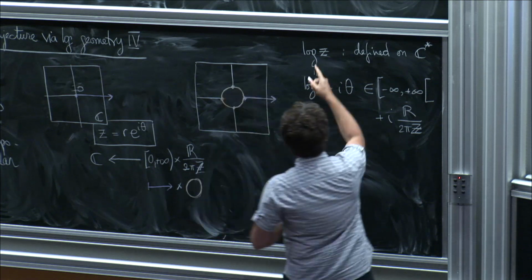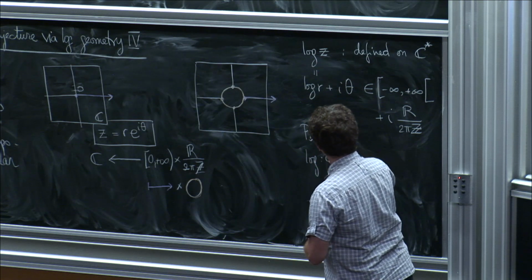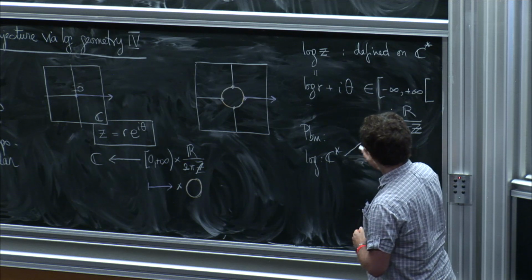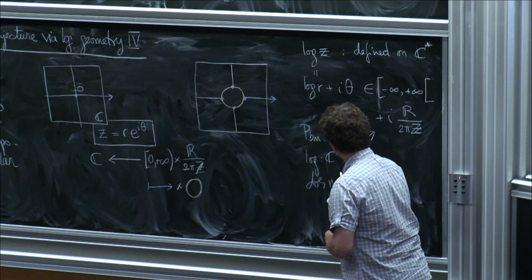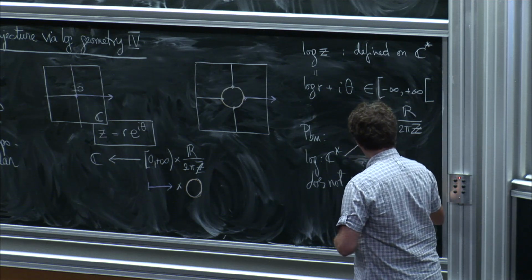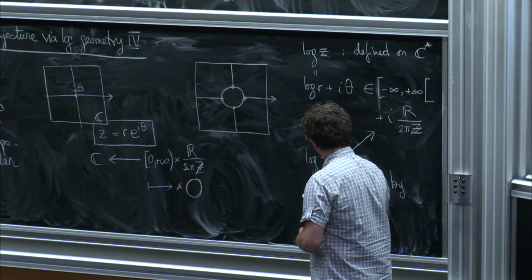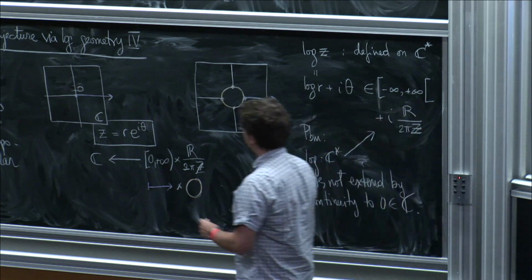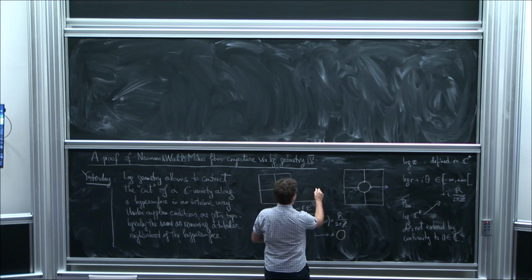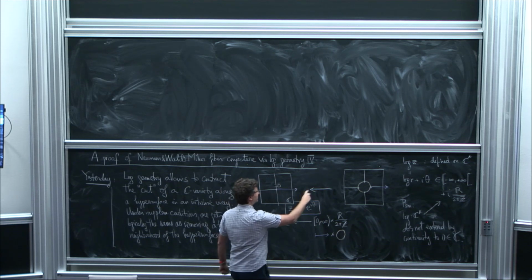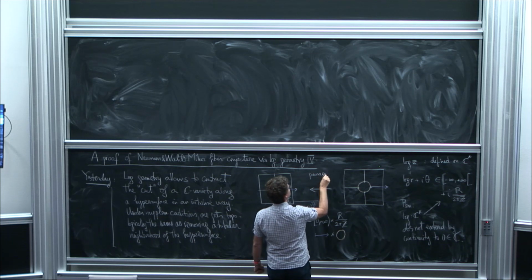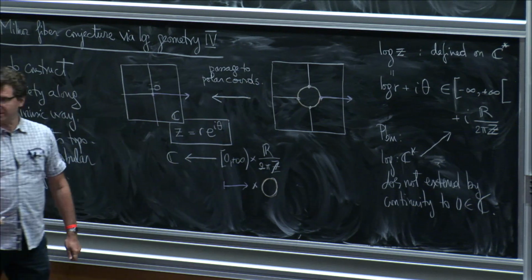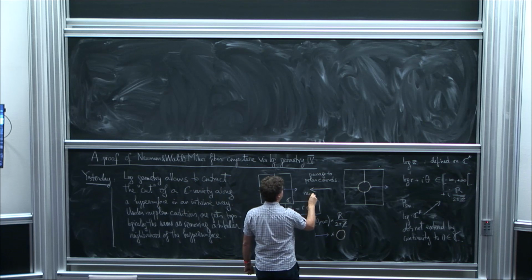Problem: this map log from C star to this object here does not extend by continuity to the origin of C. And that is what is solved by this operation of passage to polar coordinates, which is also called the real oriented blowup.